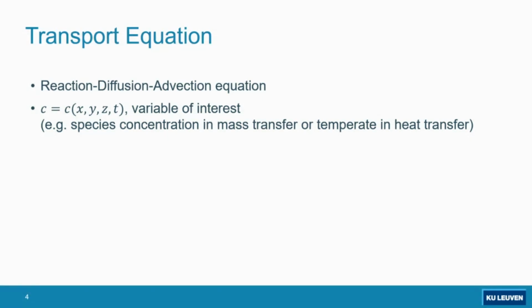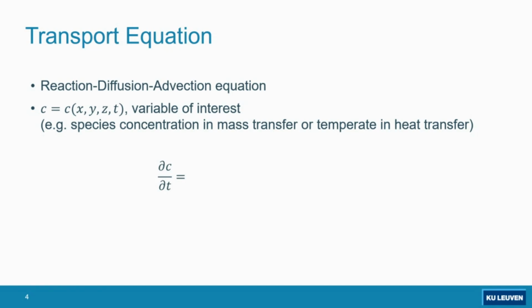And in 3 dimensions, it will be something like this. But this can be a wide variety of different quantities, for example, it can be concentration in mass transfer in chemical engineering, or here in tissue engineering, or another famous example can be temperature in heat transfer.